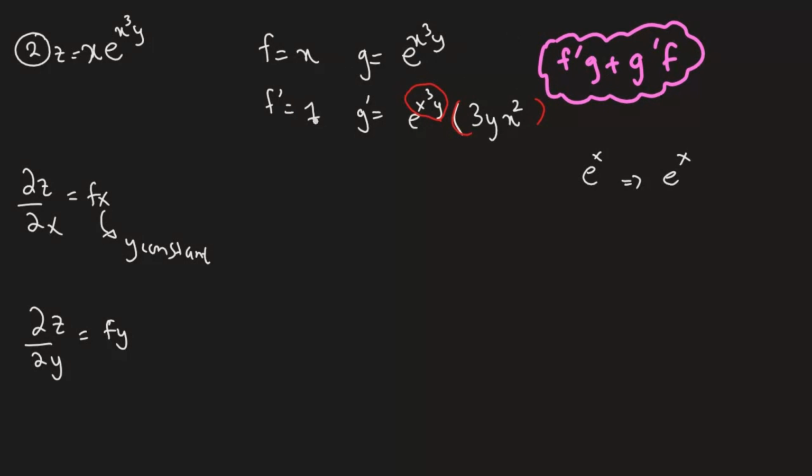Okay, so now when we have our f prime, g prime, everything, let's just plug it into the formula. So first we write f prime. We are using this formula to write our partial derivative with respect to x.